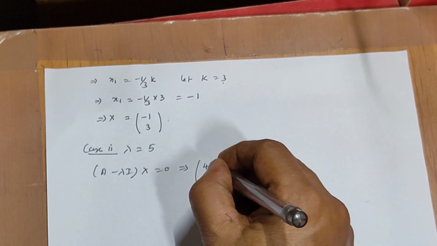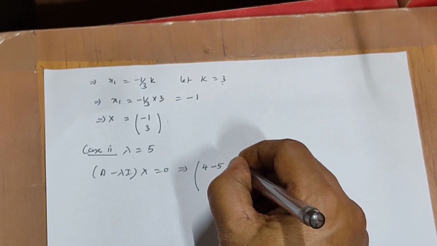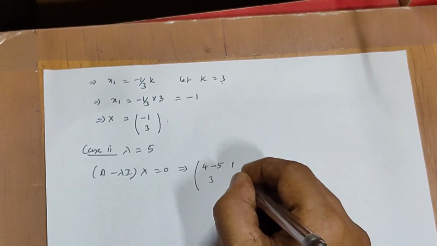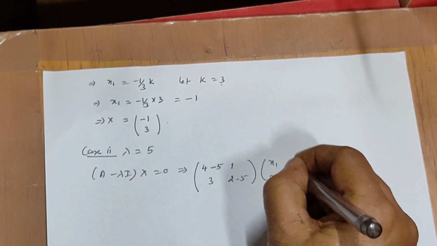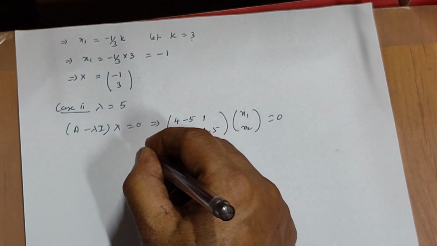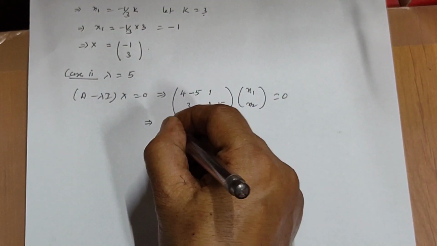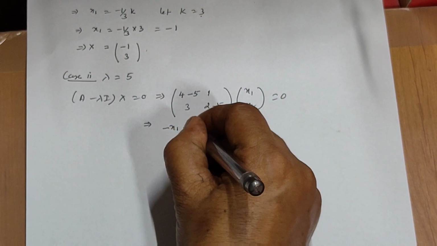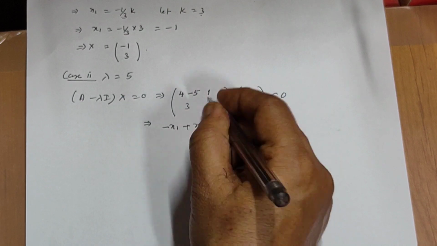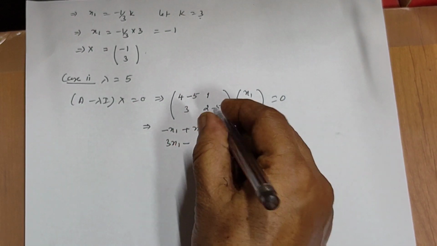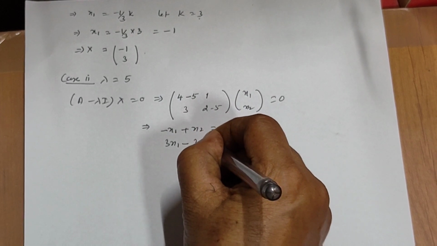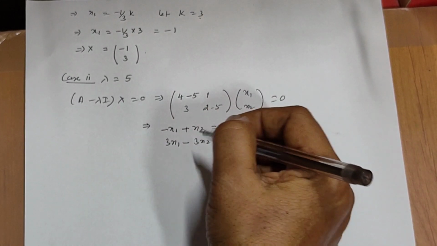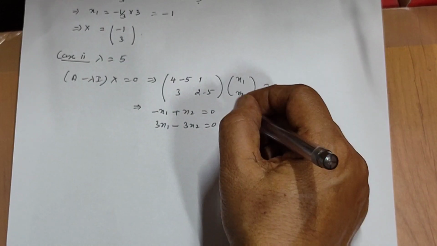It is 4 minus 5, and you have 1, then 3, 2 minus 5, into x1, x2 equal to 0. Now you will get 4 minus 5, that's minus x1, plus x2 equal to 0. Now this is 3x1, and 2 minus 5 will give you minus 3 x2 equal to 0. Both these equations are similar, or the same.